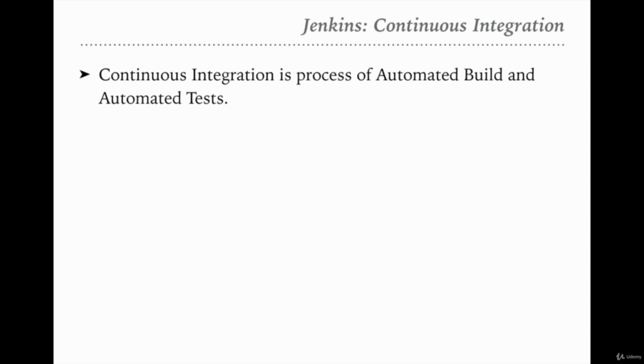So Jenkins, or continuous integration, is something that pulls the code from that shared repository and builds it with the help of the build tool being used in development, either Gradle, Maven or Ant, right? And after the build is successful, it executes the tests on that build. So this is continuous integration.